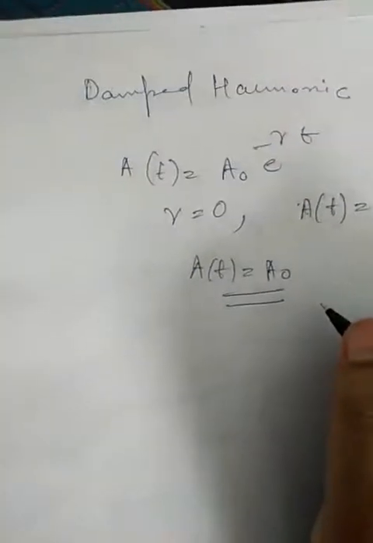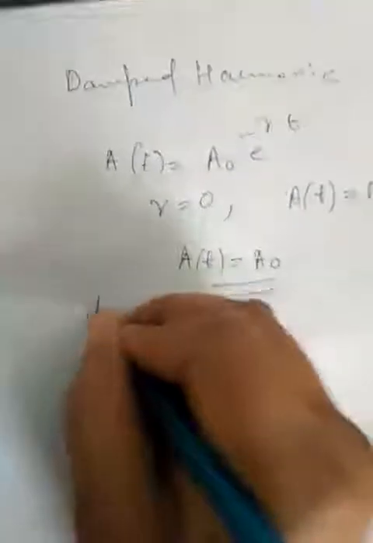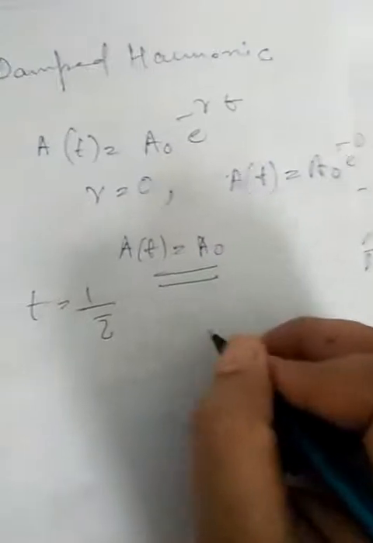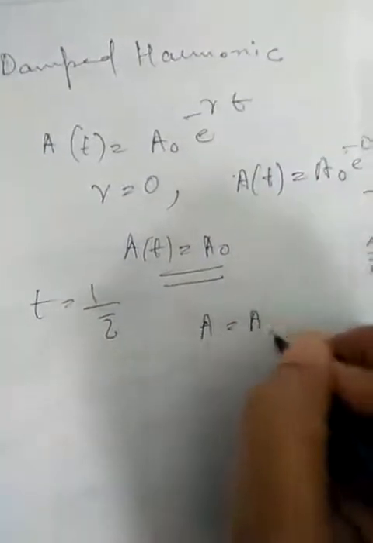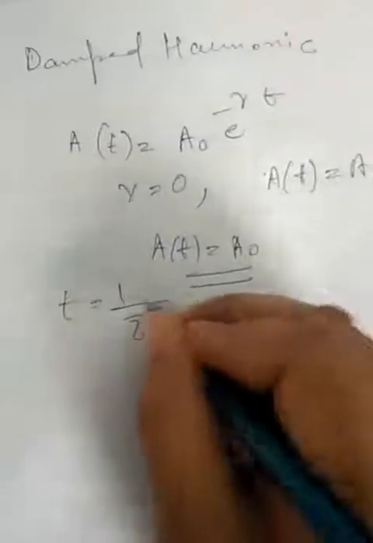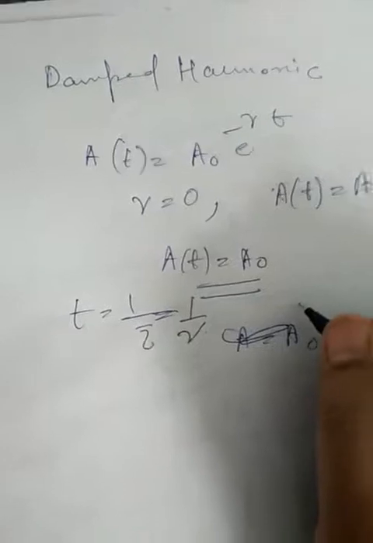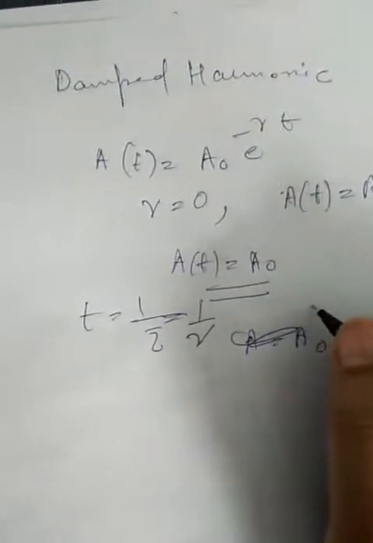And the amplitude decays exponentially with time. And what will time be equal to? Let us say t is equal to tau, which is equal to 1 by gamma. So when the amplitude becomes 1 by e times the initial value, that time is called the decay constant of the oscillator.